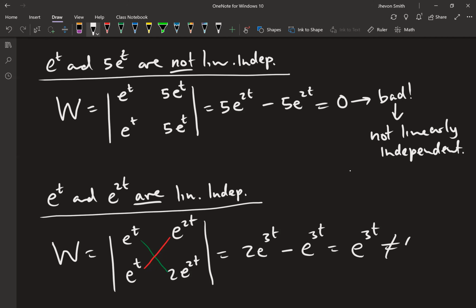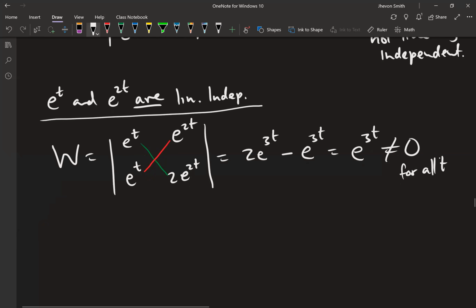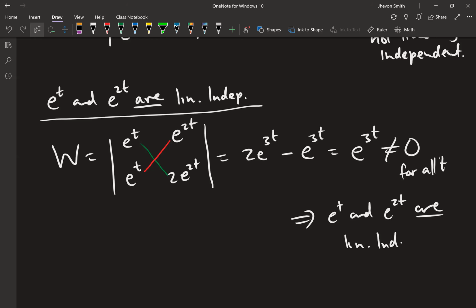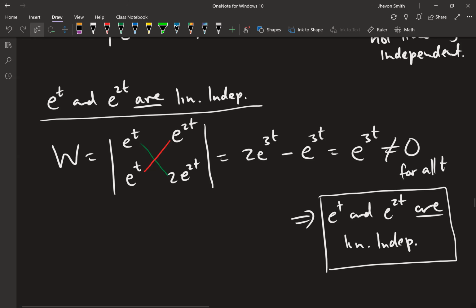Now that is not 0 for all t. So that means these guys are linearly independent. And as long as it's not zero, I know it's linearly independent. Why? Because linear algebra, that's why.